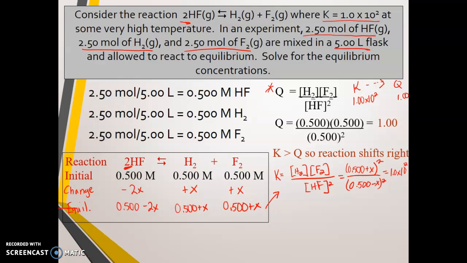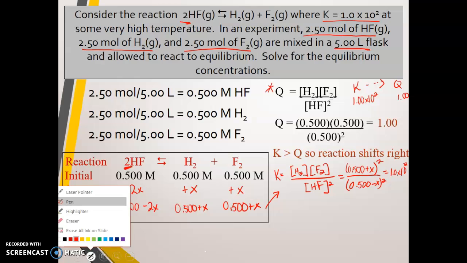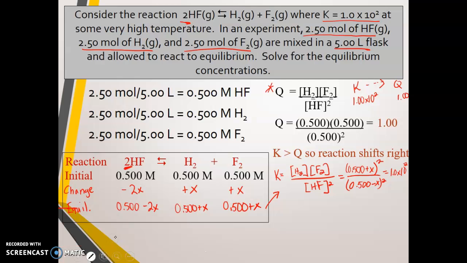So this is another case of a perfect square, which we like because they make our life a little bit easier. So I am going to take the square root of both sides.